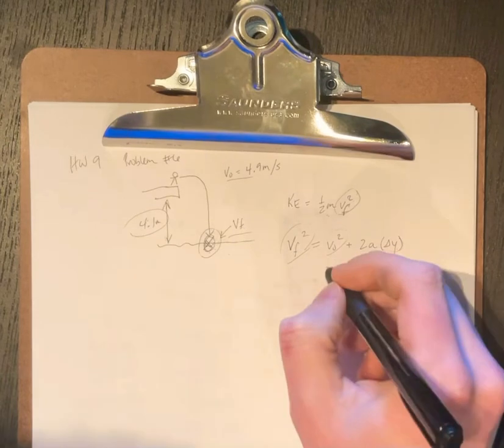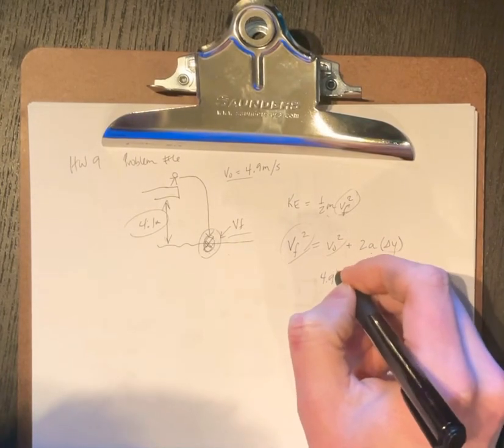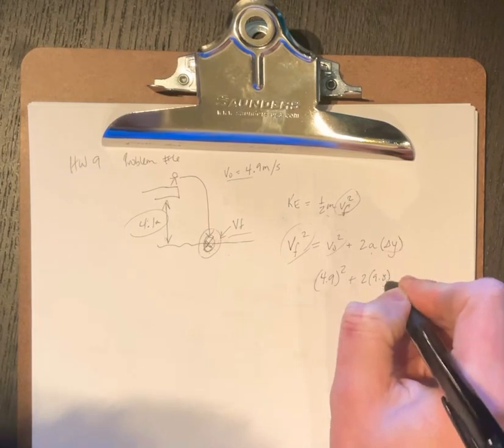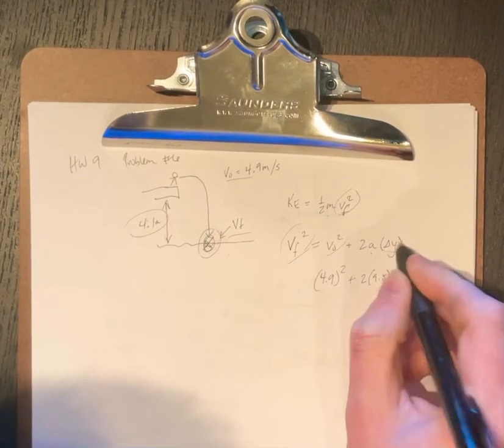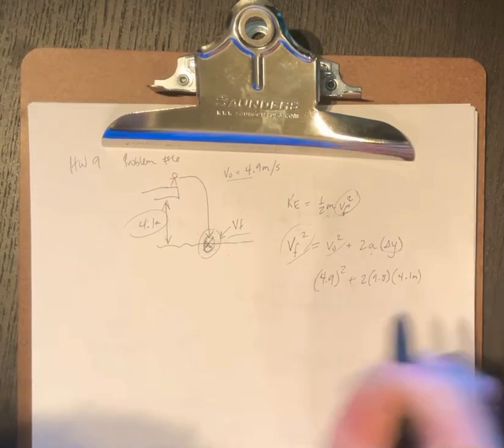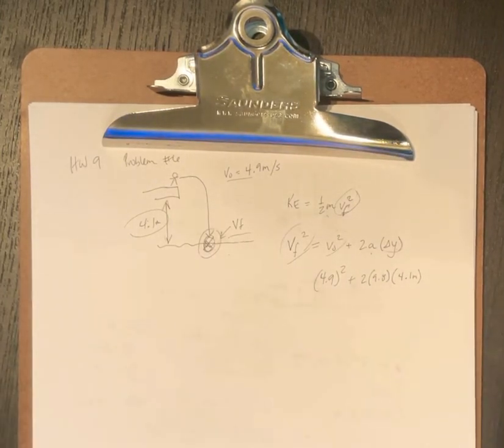Okay, so our initial velocity was 4.9, so we square that, plus 2 times 9.8, which is the acceleration due to gravity, and then our change in y, which is 4.1 meters. So we plug that in our calculator, 4.9 times 4.9 plus 2 times 9.8 times 4.1, and then we take the square root of that answer.